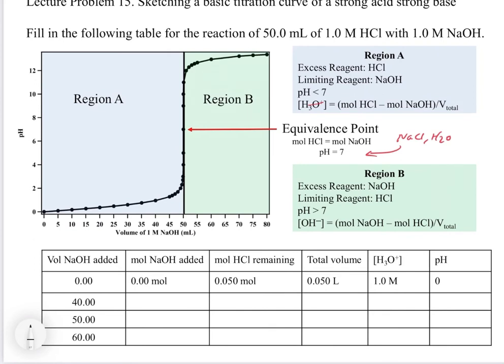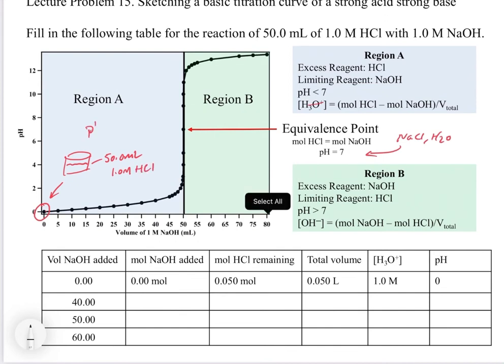So we have 0 volume of NaOH added, and at this point right here, what we basically have is our beaker sitting there with our 50 mils of the 1.0 molar solution of HCl.